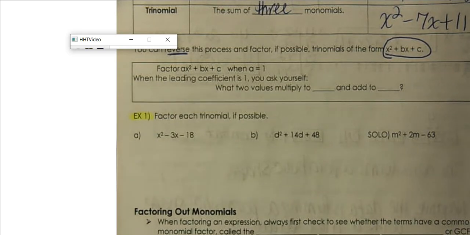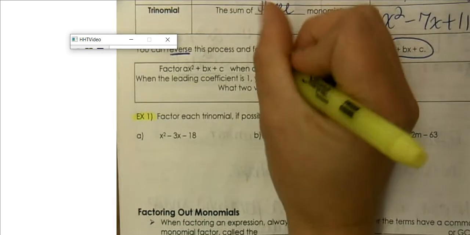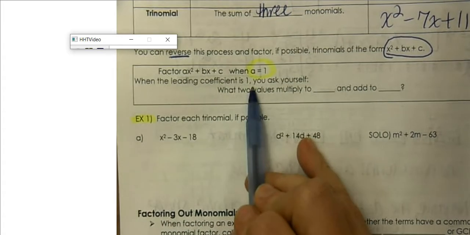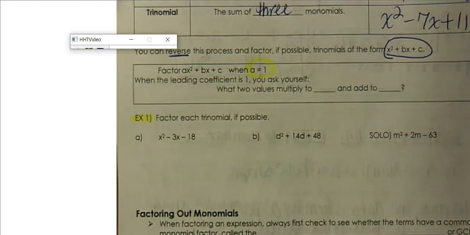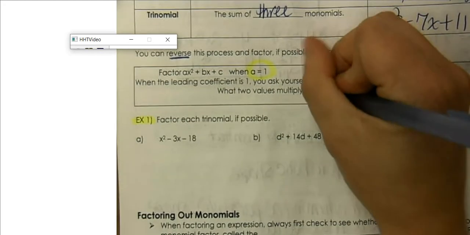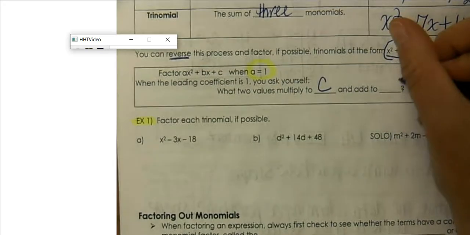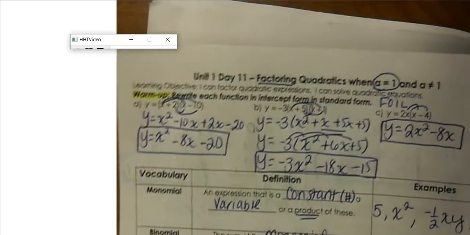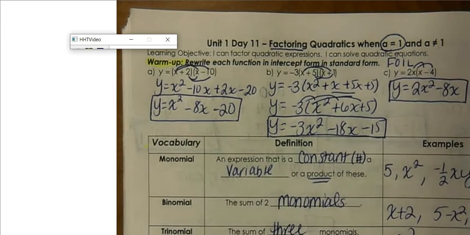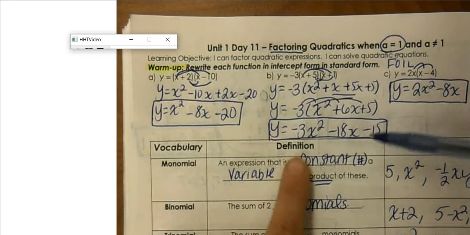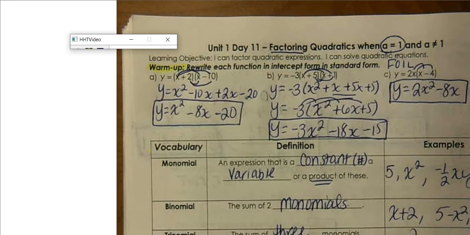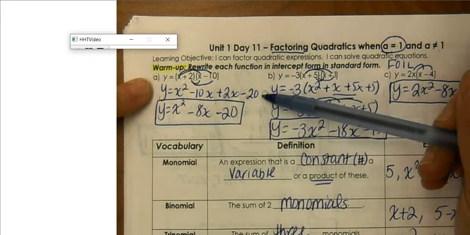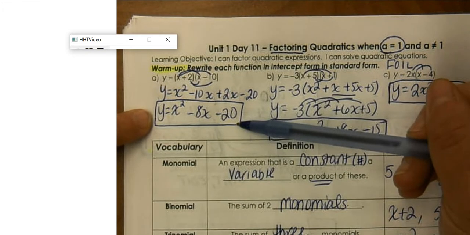And so the way that we do that when a is equal to 1 is we have to ask ourselves, when the leading coefficient is 1, what two numbers multiply to equal our c value and together add to equal our b value? So in terms of going backwards, if you look at each of our examples in our warm-up, notice that we had 2 parentheses, we expanded it out to 4 terms, and then we came back together and combined like terms.